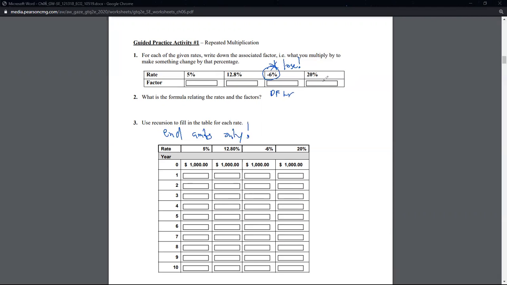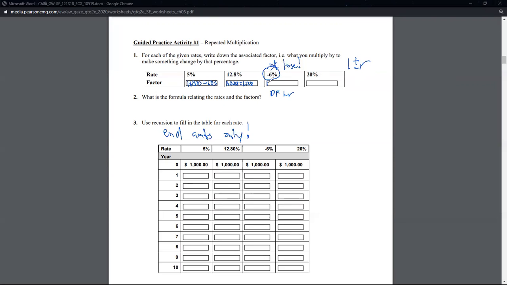I'm going to go ahead and give you these factors. For the 5%, that's 1 plus 0.05, which is 1.05. Remember, a growth or decay factor is 1 plus or minus the R as a decimal. So that's 0.05, 0.128, negative 0.06, and 0.20. So 1 plus the 0.128, sorry if that's a little squished, is 1.128.